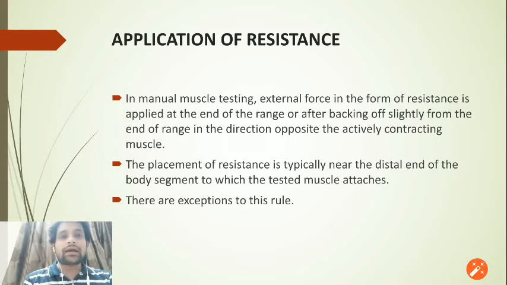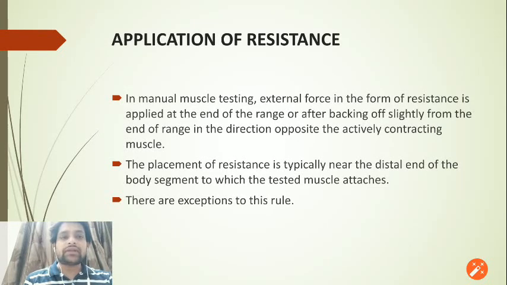So where to apply, how to apply resistance during the MMT. In MMT, external force in the form of resistance is applied at the end of range or after backing off slightly from the end of range in the direction opposite the actively contracting muscle.